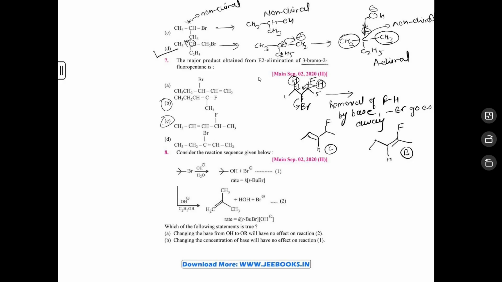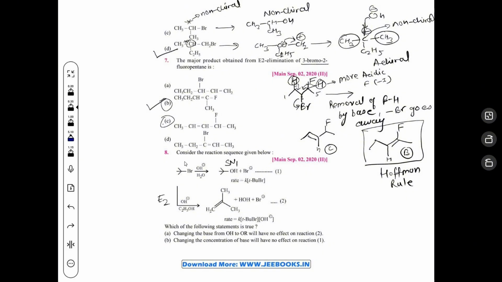As I discussed in the previous questions, this is the more acidic hydrogen, due to the presence of fluorine, which has very strong electronegativity and makes this hydrogen more acidic compared to the other hydrogen. Therefore the hydrogen on the fluorine-bearing carbon will be removed first and give the product according to the Hofmann rule. Hence B will be the major product. So the correct answer is B.